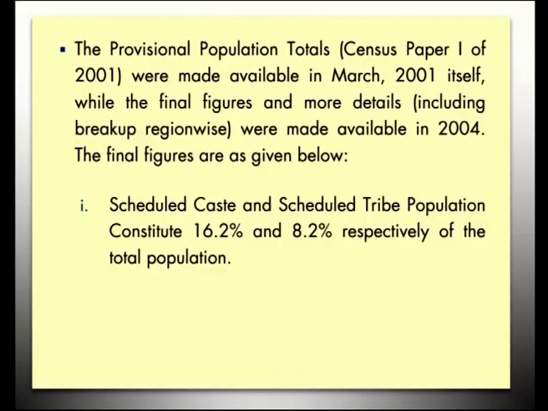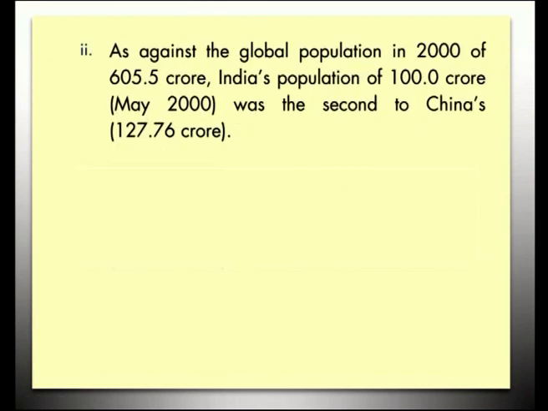The provisional population totals, census paper 1 of 2001, were made available in March 2001 itself, while the final figures and more details including region-wise breakup were made available in 2004. Scheduled caste and scheduled tribe population constitute 16.2% and 8.2% respectively of the total population, as against a global population in 2000 of 605.5 crore.